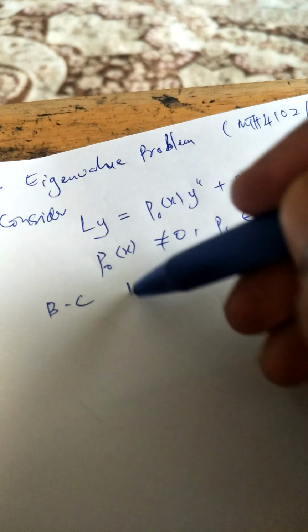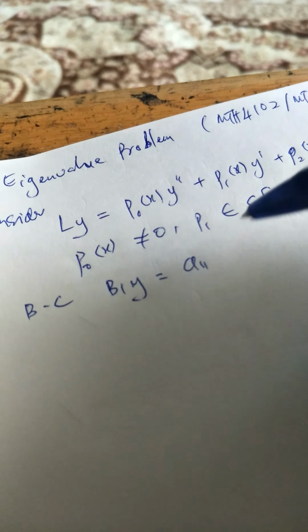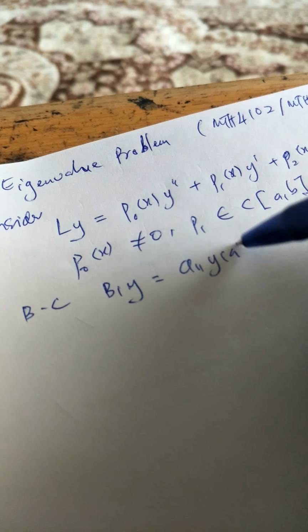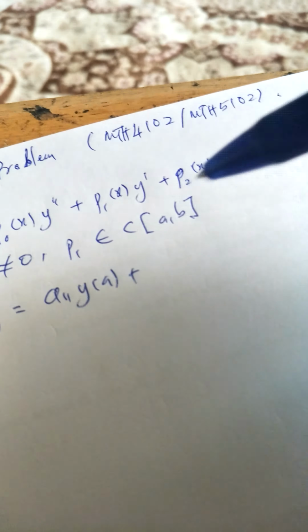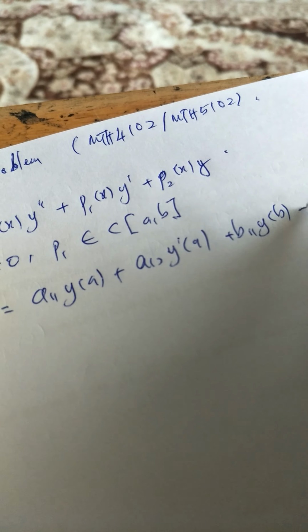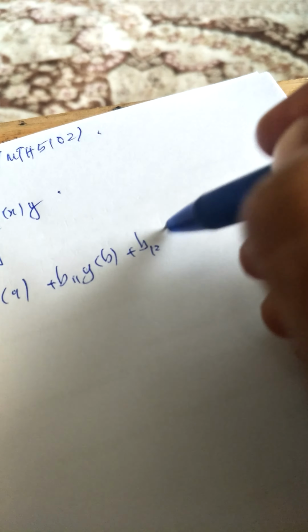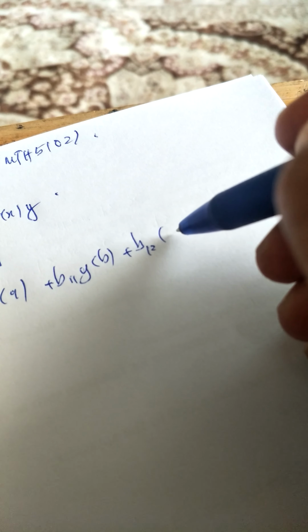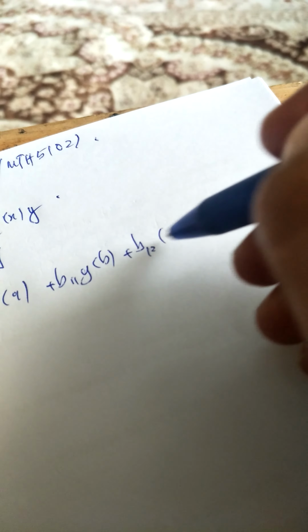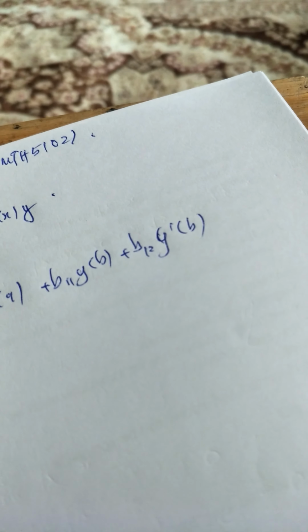is given as B1 y equals A11 y(a) plus A12 y prime(a) plus B11 y(b) plus B12 y prime(b).